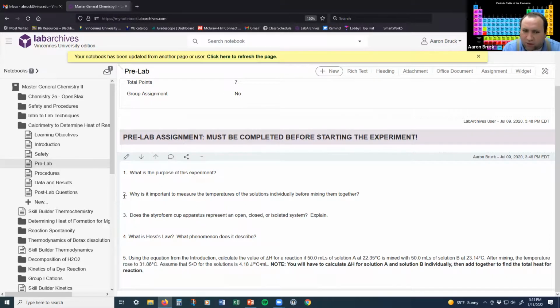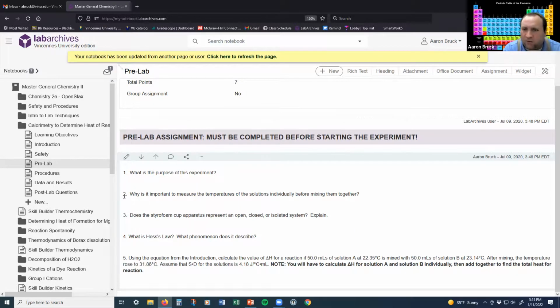Mentioned this before, number 3. Are we talking about an open, closed, or isolated system? Well, you can make a good argument for open based on the fact that the coffee cups are largely open. You can make a kind of argument that they're closed if we put some kind of a cover on top of the coffee cup calorimeter to prevent stuff from flying out of there.